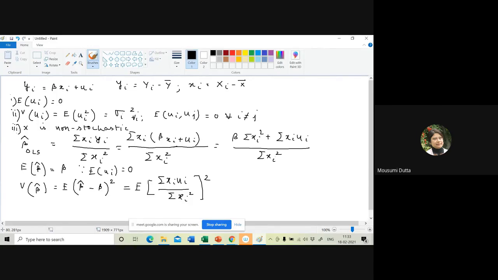Replace yi by beta xi plus ui. So you are getting beta summation xi square plus summation xi ui divided by summation xi square.